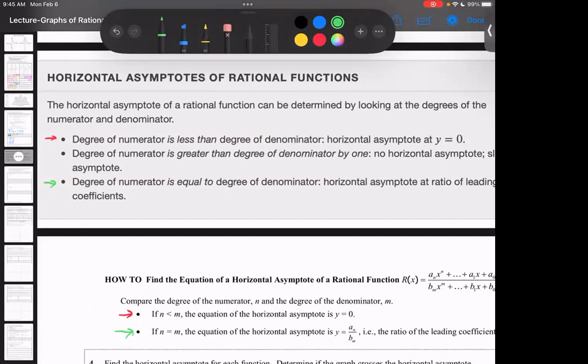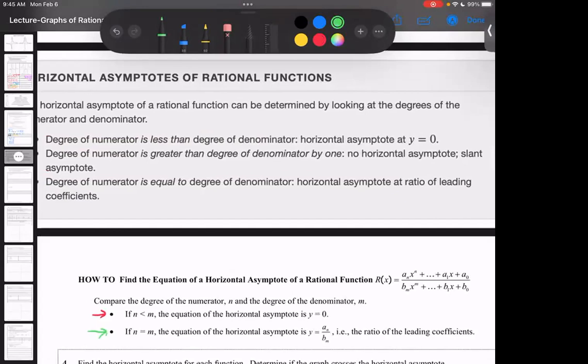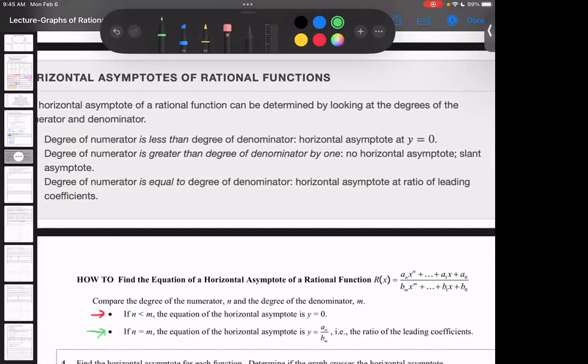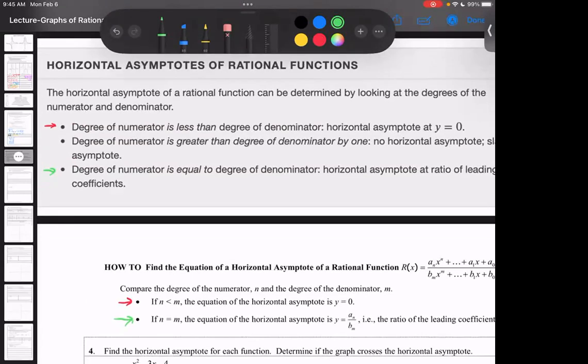They say the same thing here. The one in the middle, when the degree of the numerator is greater than the degree of the denominator, then you have no horizontal asymptote. You're gonna have what is called a slant asymptote, which is next lecture. So hang in there. Why is there no horizontal asymptote? I'll write this down.